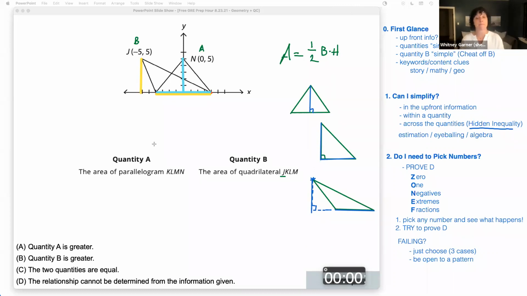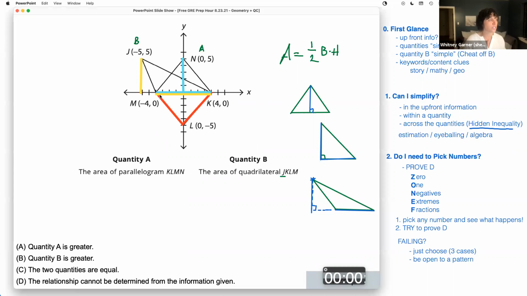It's the same height. And so those two triangles, although they may not look like it, are the exact same size. And so the area of the two quadrilaterals, since this part is shared by the two of them, and then they each have a triangle above the x-axis that's the same size, these two quantities are equal.